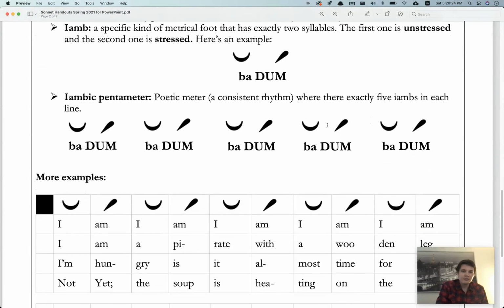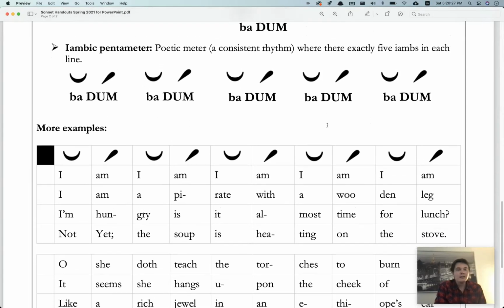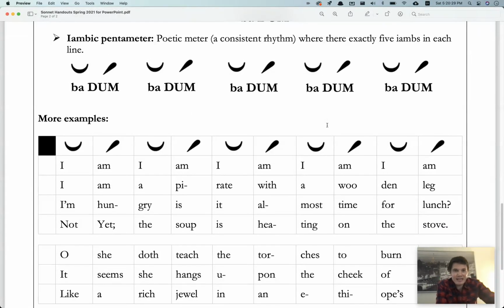So look here. You have iambic pentameter. That is a very specific kind of meter that Shakespeare loves and uses in almost every line in the entire play of Romeo and Juliet. If you have 5 iambs, it's written right there in the word if you pay attention to it.